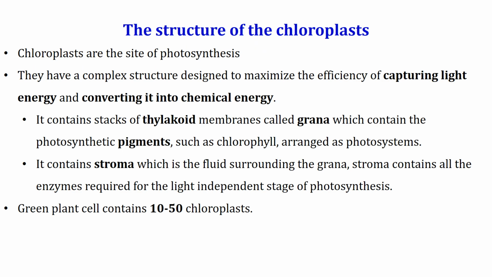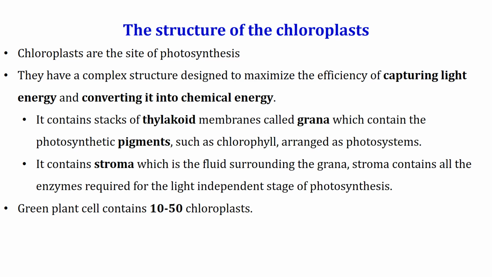Chloroplasts are the main site of photosynthesis in green plant cells. Their internal structure is designed to maximize the capture of light energy and efficiently convert it into chemical energy.